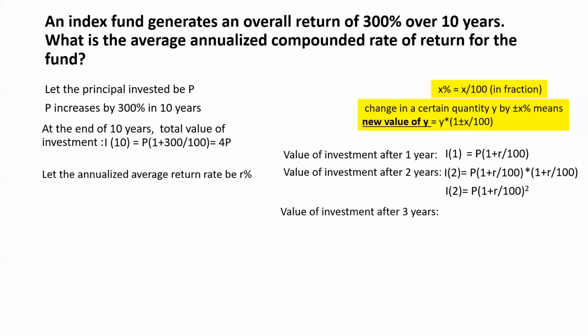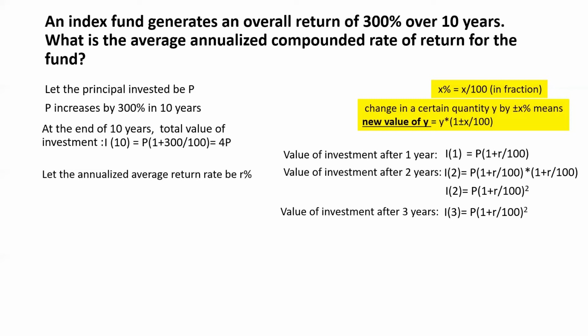At the end of 3 years, the value will grow by R% from whatever it was at the beginning of the third year. And that is the same as the value at the end of 2 years, which we just calculated as P multiplied by 1 plus R by 100 whole square.